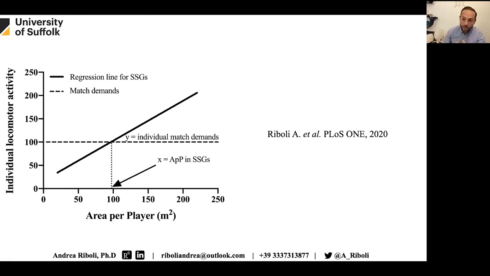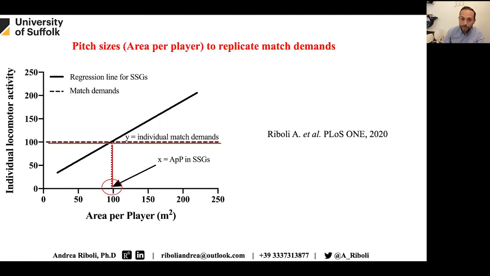Our aim was mainly to have practical information about the minimal area per player required to replicate match demands using small-sided games. So we intersected the individual match demands in the equation related to the relationship between external load and area per player. So the aim of our study was to share this practical information for our coaches.